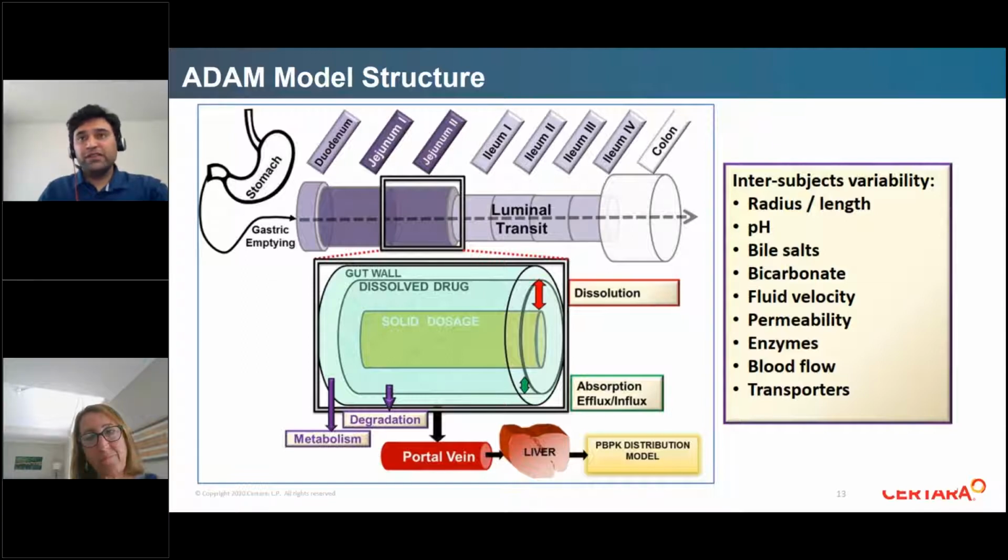For example, the radius and length of the GI tract, how they correlate with age and gender or the body surface area of the individual, the pH of the different regions, how this pH is affected by the prandial state, like fasted or fed, the bile salt concentration, and the blood flows. When we eat food, the blood flow changes, the splanchnic blood flow. So all of these factors are accounted for in the model, so we can simulate a realistic scenario as closely as possible for a given drug and formulation. Next slide, please.